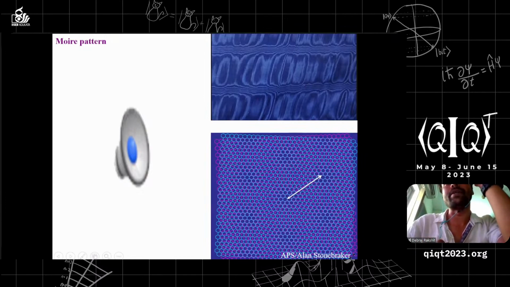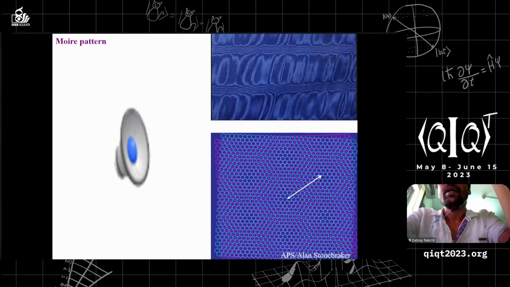It's called Moire pattern, and this kind of pattern generation happens in solids. So when you create, let's say, some 2D material, and then you put another 2D material on top of each other and try to play with their relative orientation by changing their rotations, then you can see different kinds of interesting patterns emerging.